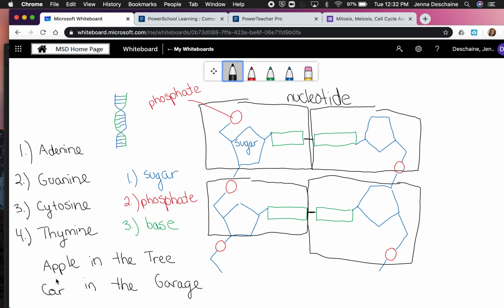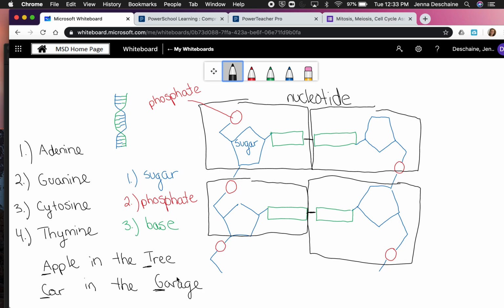And this just lets you know that adenine will always bind to thymine, and cytosine will always bind to guanine, okay? So adenine always binds to thymine, and cytosine always binds to guanine, okay?